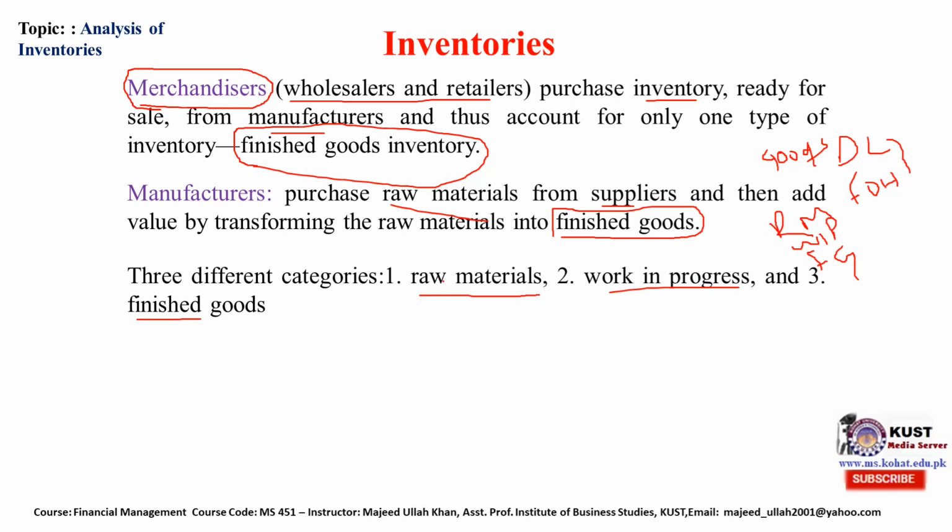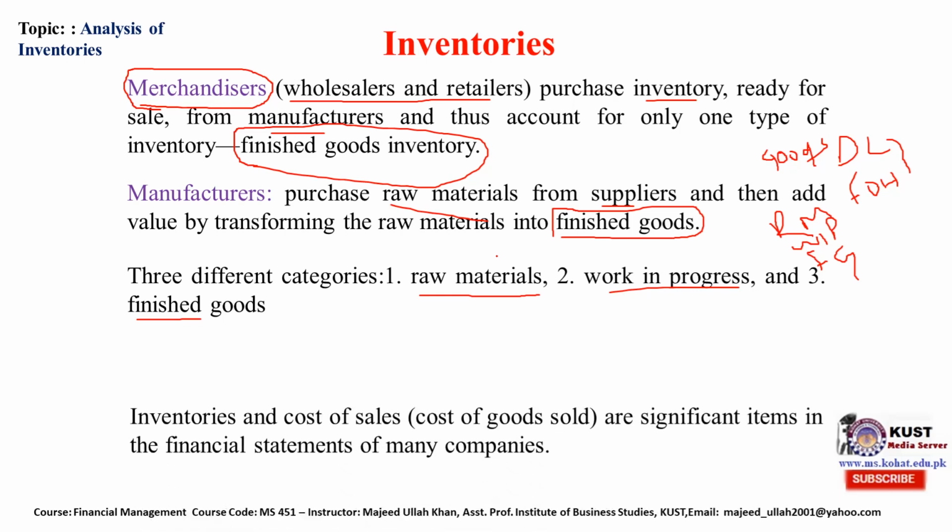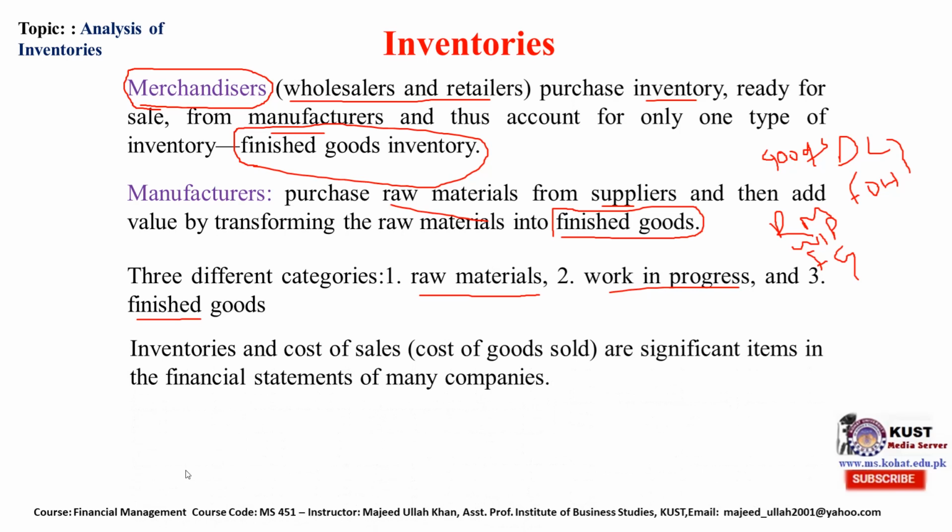You will see these three types of inventory in the financial statements of manufacturers. Now, inventories, whether it is a merchandiser, meaning wholesaler or retailer, or a manufacturer, will have what we call cost of goods available or inventory available for sale.